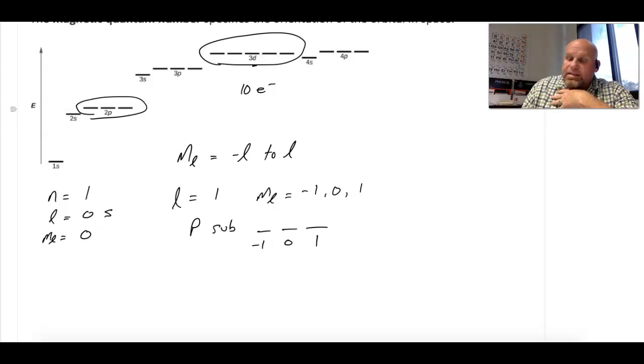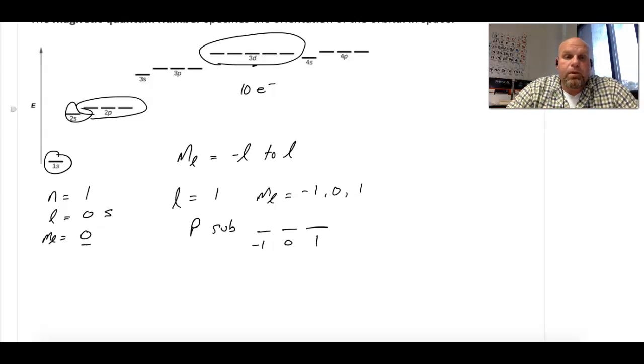That means my S subshell. An S subshell can hold 2 electrons. Why can it hold 2 electrons? Well, because it only has one orbital. So as you can see in these S notations, it only has one orbital. So the value for the M sub L of that one orbital is just 0.